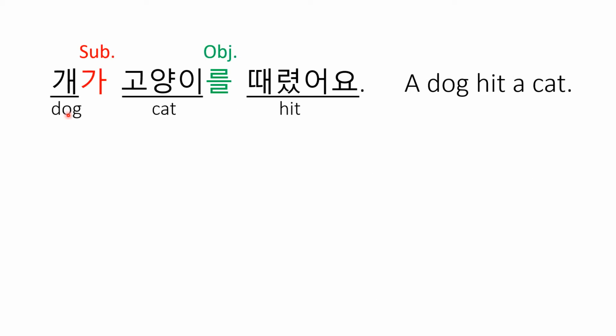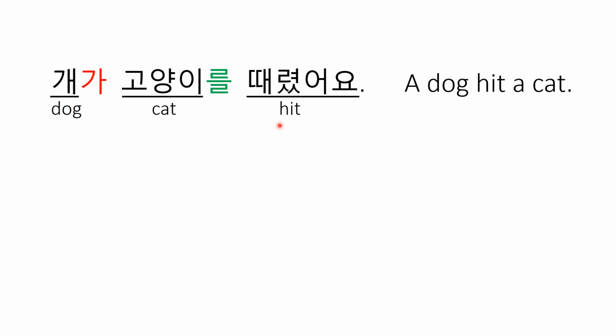Typical Korean sentence structure is subject, object, verb. 개 with a subject particle 가, 고양이 with an object particle 를, 때렸어요. Dog, cat, hit.